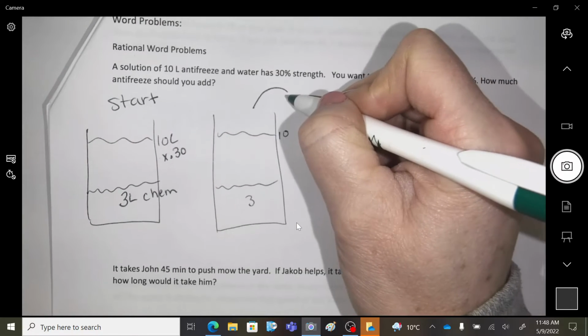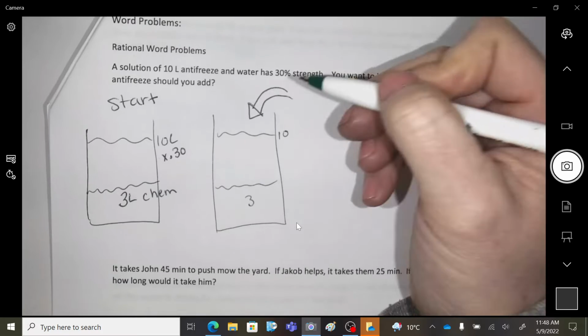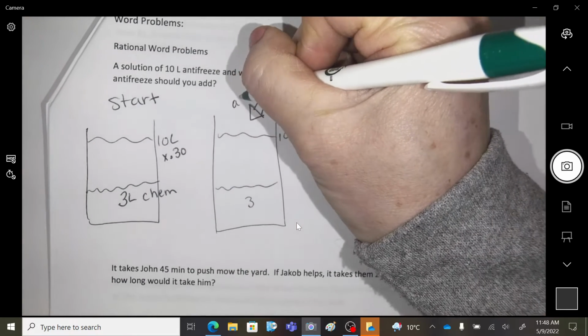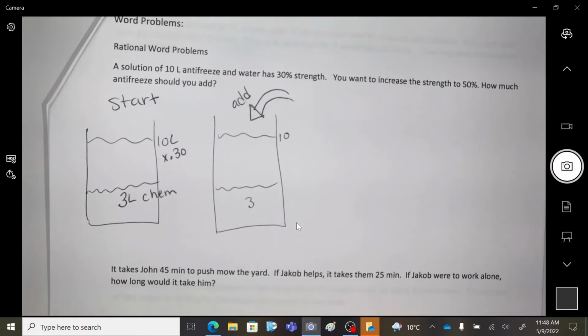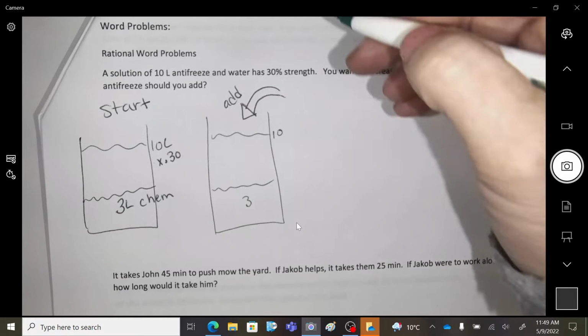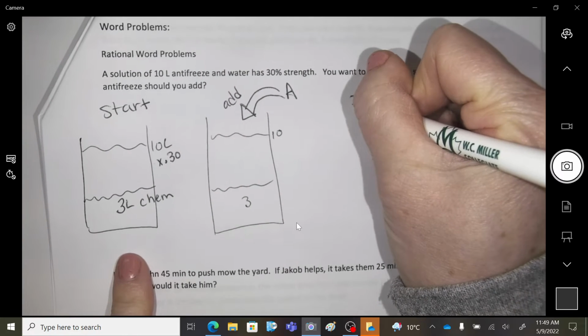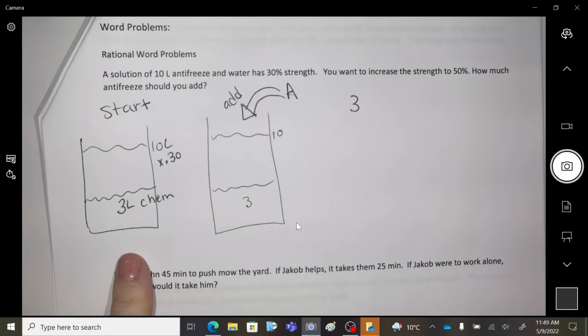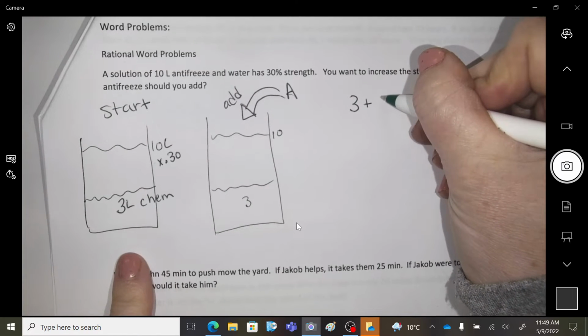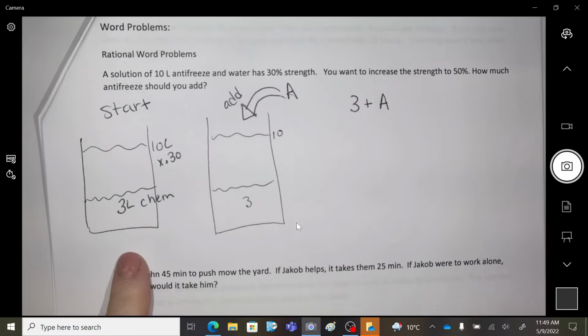Then I'm going to add antifreeze, I don't know how much, so I'm going to call it an A. Now the chemical: I started with 3 chemical, and then I'm adding more antifreeze.